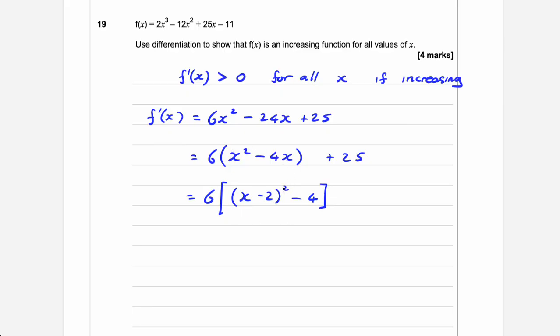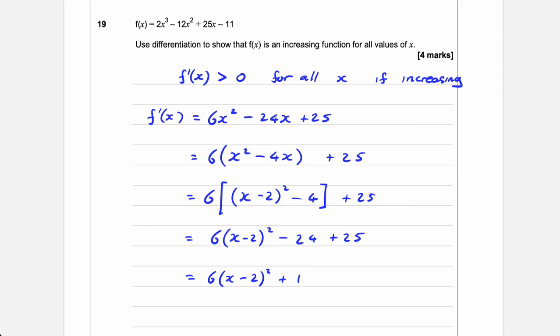I've completed the square, and then plus 25. Then multiply out the square bracket: 6 times x minus 2 squared minus 4. Sorry, nearly made a mistake I'm always telling kids not to make. 6 times 4 is minus 24, and then plus 25, which gives us 6 times x minus 2 squared plus 1.